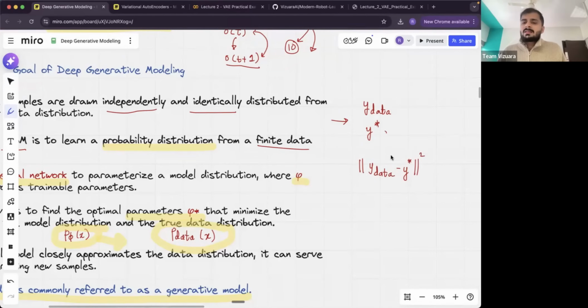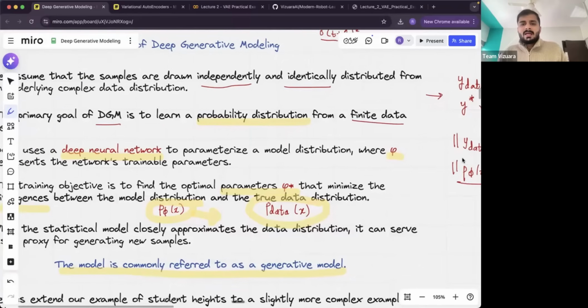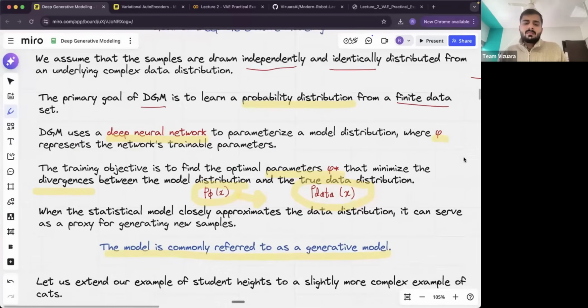So this makes sense. But if you have two probabilities, where one is the true probability distribution and one is the predicted distribution, then can you simply do something like this? Something looks odd about this, right? So we'll understand how the loss for the probabilities is actually calculated.